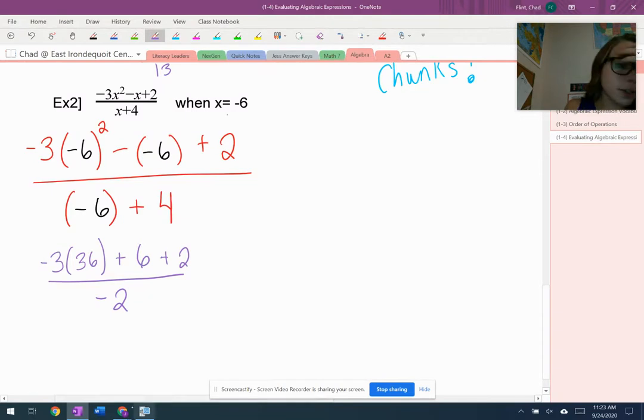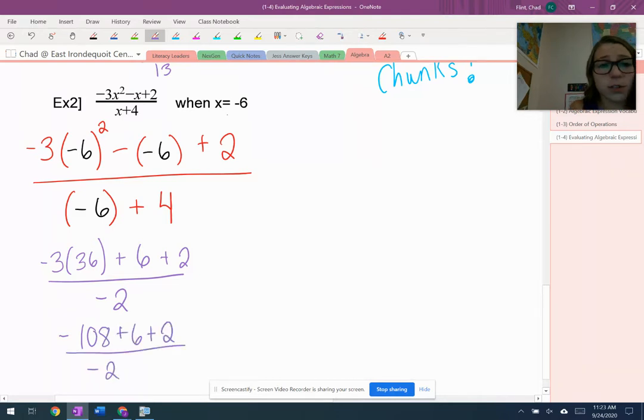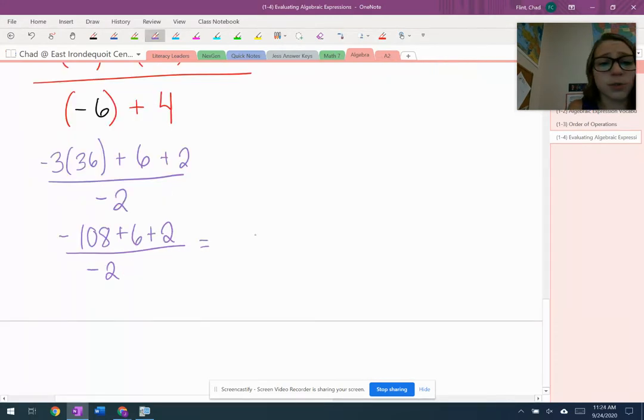So now 36 times 3 is 108. So we have a -108 plus 6 plus 2, all divided by -2, which really just simplifies down to -100 divided by -2, which is a positive 50.